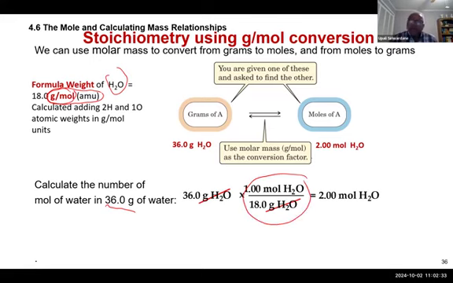This is 1 mole of water is 18.0 grams. This is the factor label method. They cancel out. You get 2 moles. Then you can use 2 moles in the calculation.